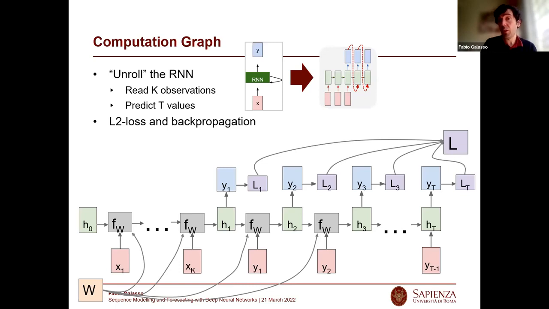You need to define exactly what you want to predict, right? So for example, in our case, we want to predict shear stress, so we want to predict a certain value. And we use the L2 loss, meaning we want to minimize the Euclidean distance between the value that we predict and the true value that was observed in the sequence.